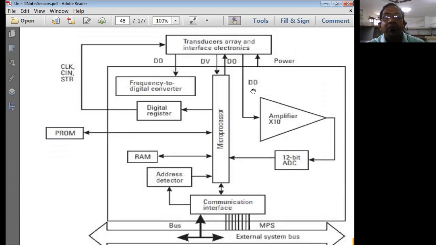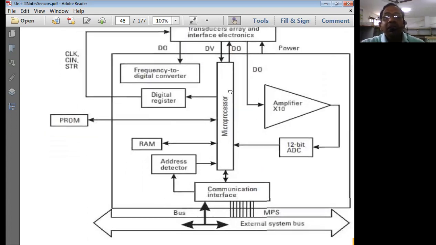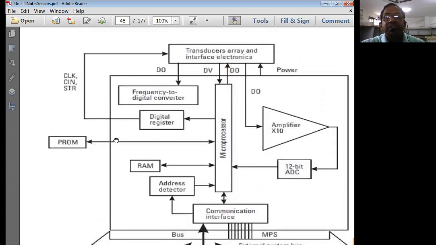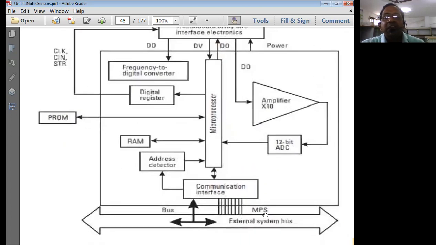Okay, so I can draw a monolithic sensor interface diagram. What do you mean by monolithic? When all the subsystems are sitting on the same PCB, on the same chip, it is a monolithic chip.